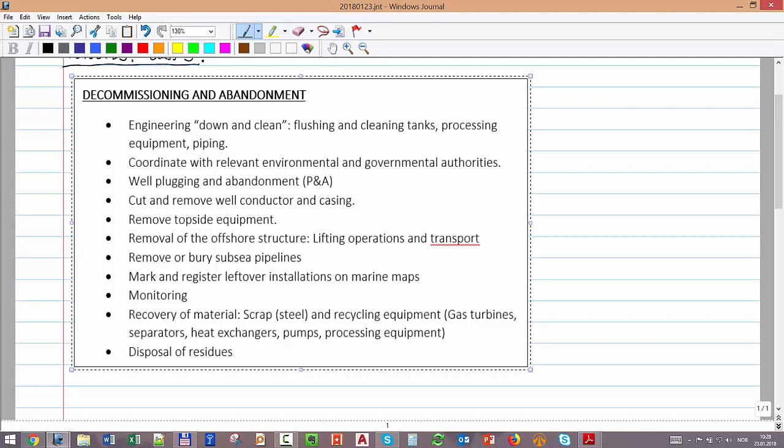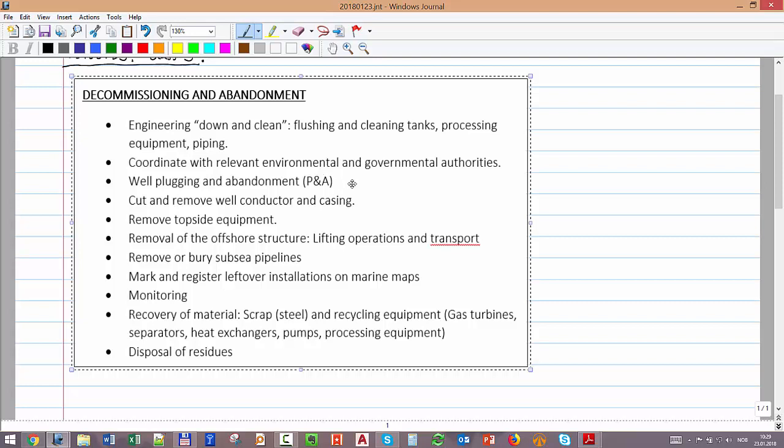Then I have to notify the government, the relevant environmental authority, to say I'm going to shut down the field, so that we can coordinate measures if something has to be done together.